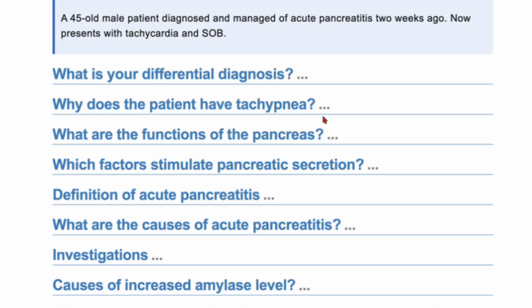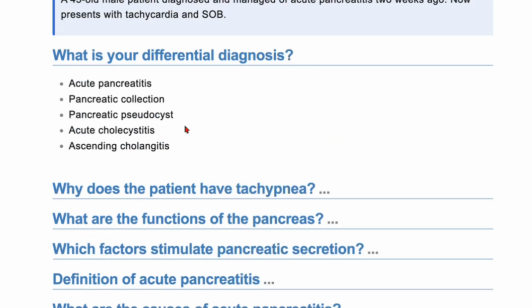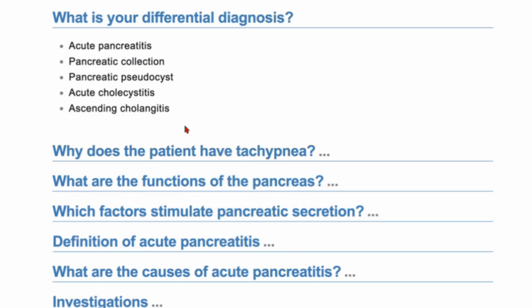What's your differential diagnosis? My differential diagnosis here would be acute pancreatitis, acute cholecystitis causing gallstone pancreatitis, ascending cholangitis, or a pancreatic collection, such as free fluid in the pancreas, so a pseudocyst, or pancreatic necrosis. What other reason might the patient have for tachypnea?